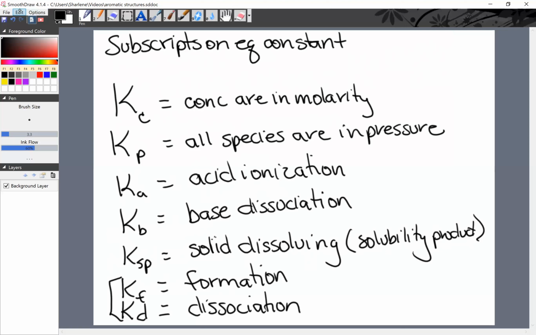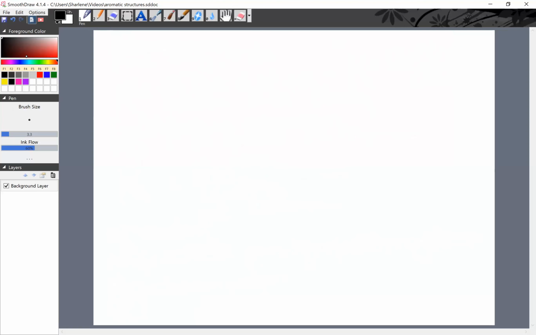So let's start with Kc. Kc means that everything is in molarity. So if I had, for instance, hydrogen gas plus nitrogen gas reacting together to make ammonia gas. Let me see, balanced chemical equation. Let's put a 2 there.